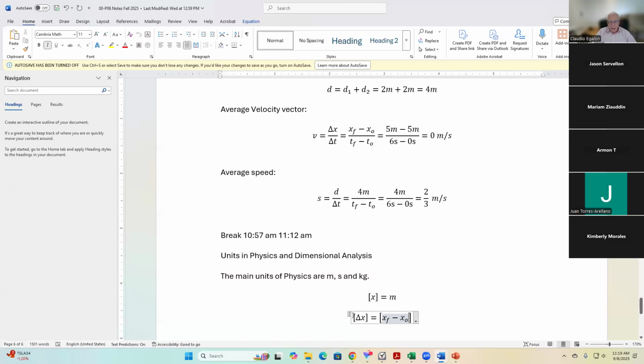In order to find the unit of delta x, we have to separate the units of the other two terms, but you never subtract them.